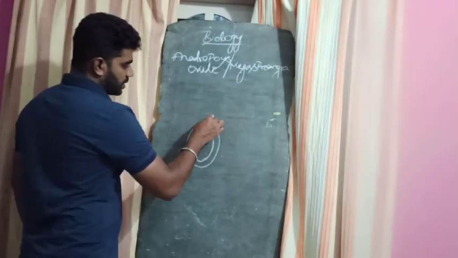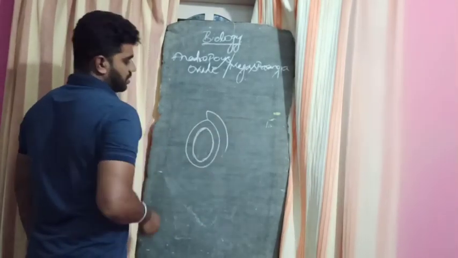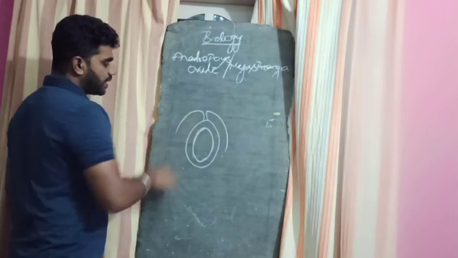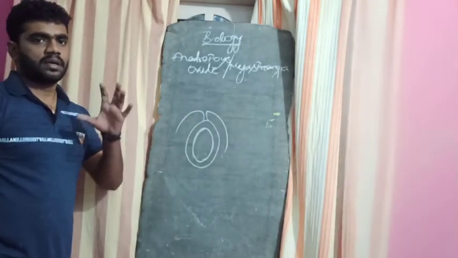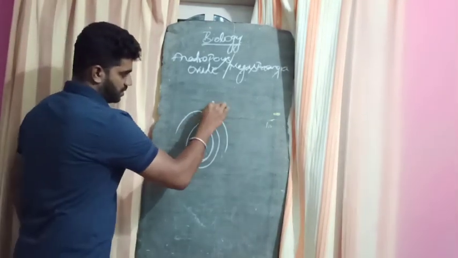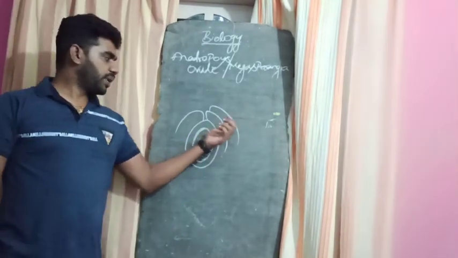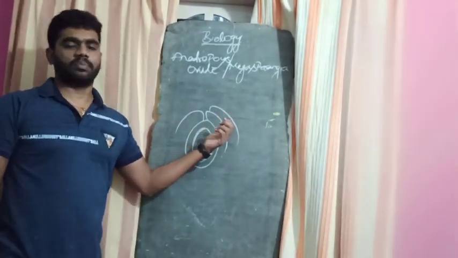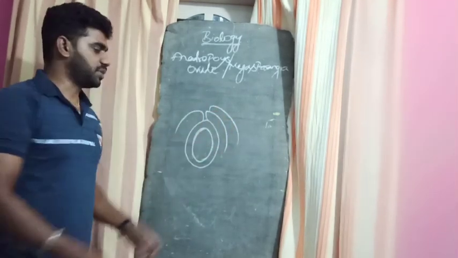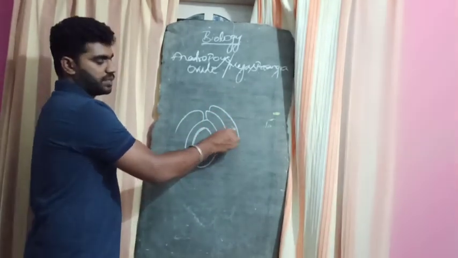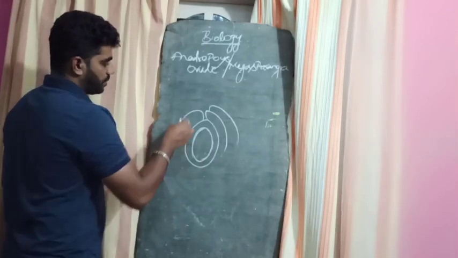Above the nucellus there is a bilayered structure like this, and it is called the integuments. This is the inner integument, and this is the outer integument.